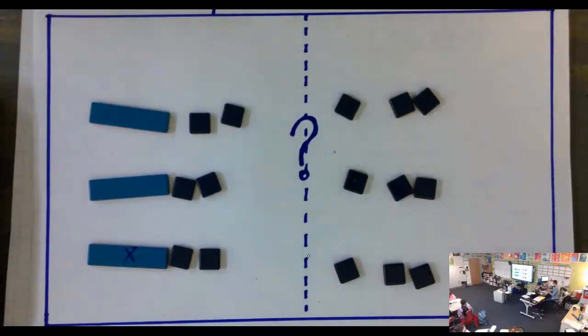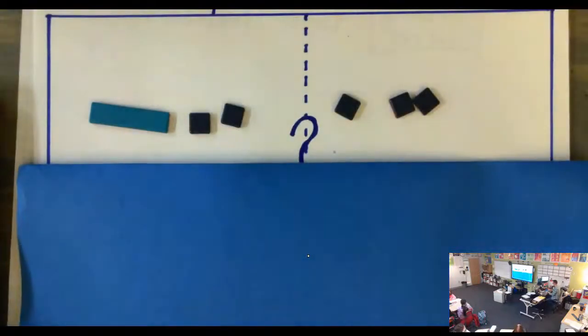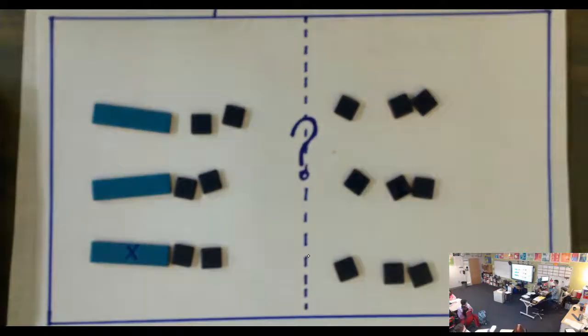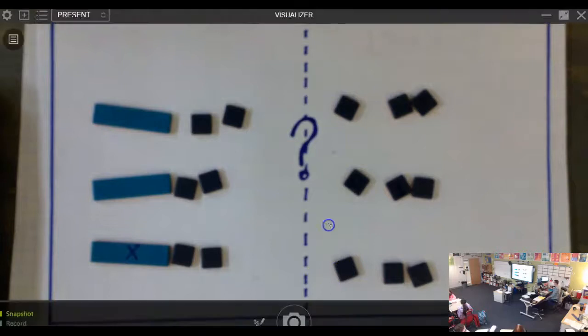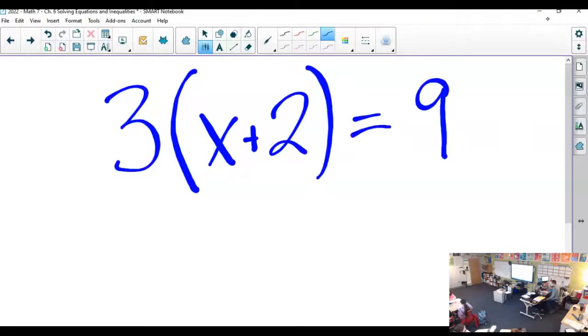But what John is really saying is I can cover those up and just look at one of the sets. Because at the very beginning, instead of doing 3 times, this is a different way. Not necessarily better. If it doesn't make sense to you, you don't have to take this way. But so, John, you said do what now?